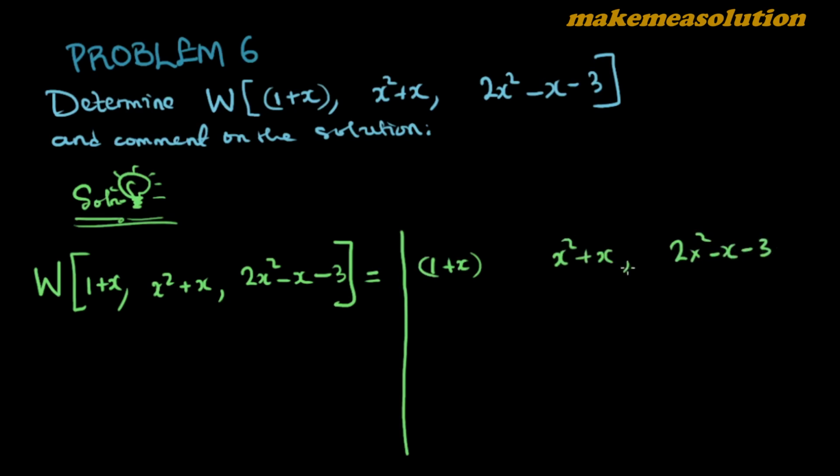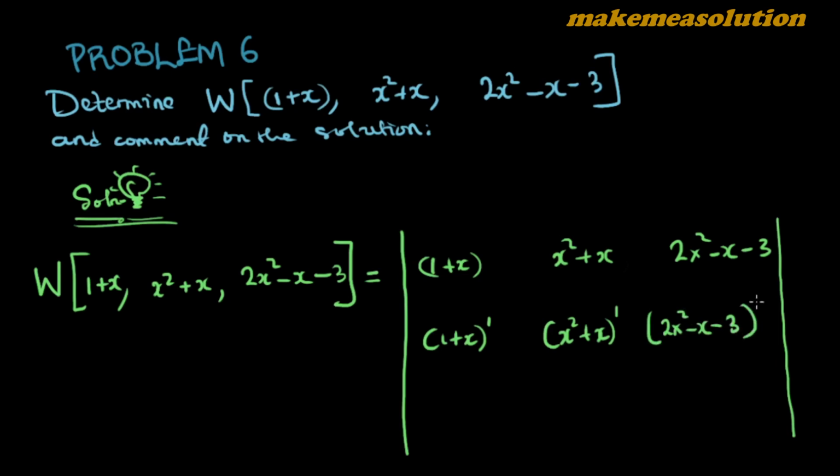Sorry, there's no comma over here. Of course, you know what the next row is going to be. It will be 1 plus x prime, then x squared plus x prime, then 2x squared minus x minus 3 prime. Then the last row will be 1 plus x prime prime, x squared plus x prime prime, then 2x squared minus x minus 3 prime prime.